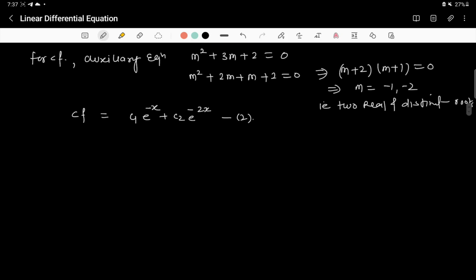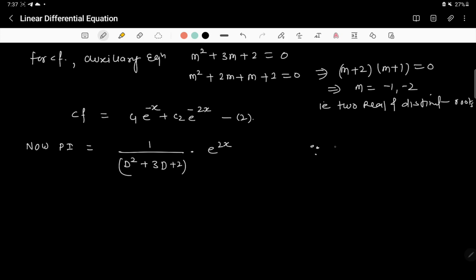So CF is already obtained. Now we will move to the PI. Now PI can be written as 1 upon D square plus 3D plus 2 into exponential 2x.